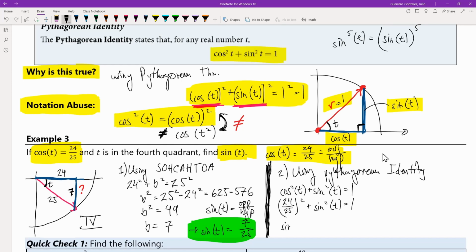So sine squared t is equal to 1 minus 24 over 25 squared. If you do the math right, sine squared t is equal to 1 minus 576 over 625, and if you reduce this properly, 49 over 625.